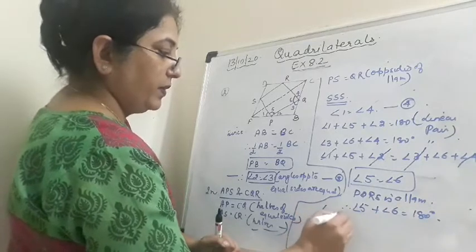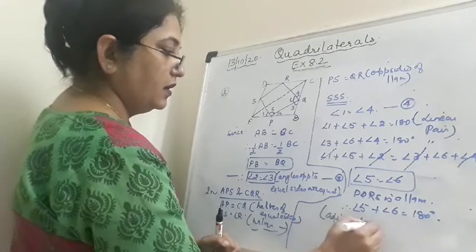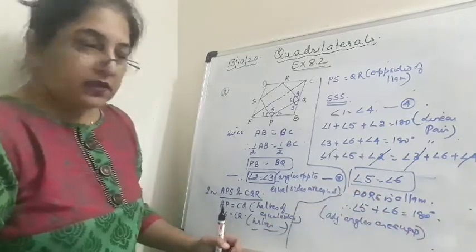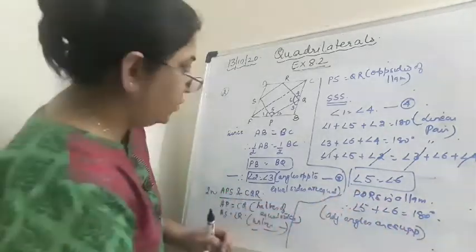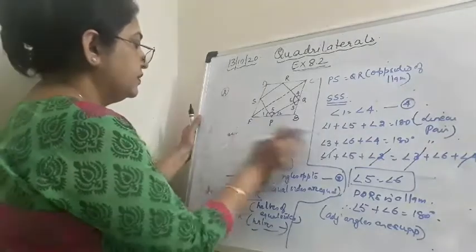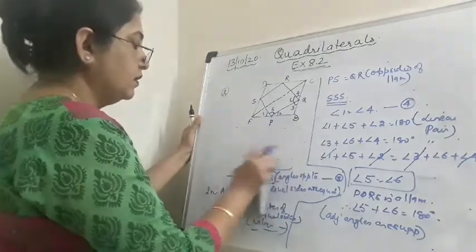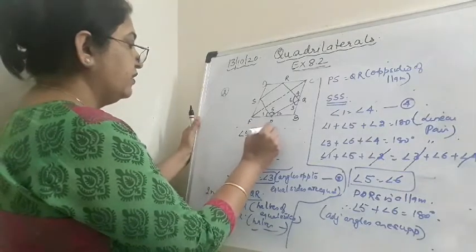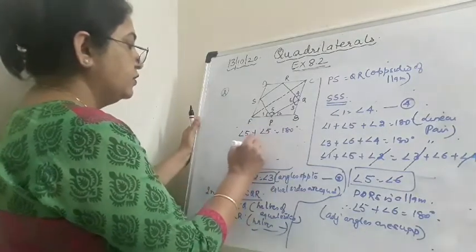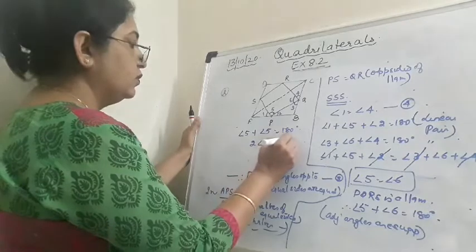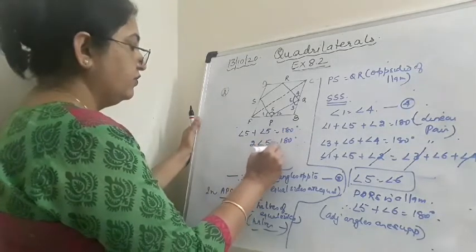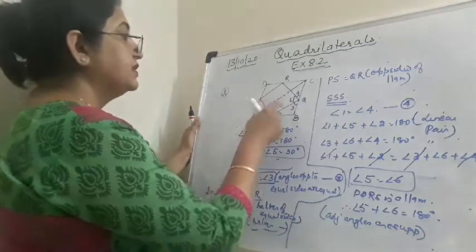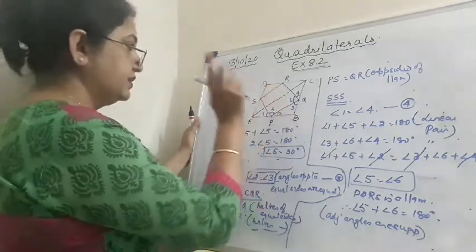Reason will be adjacent angles are supplementary. Now you know that 5 and 6 are equal. So we can write angle 5 plus angle 5 equals 180. Twice angle 5 is equal to 180. Therefore, angle 5 is equal to 90. Now, if this angle 5 is 90, 6 is 90, then this is 90 and this is 90.